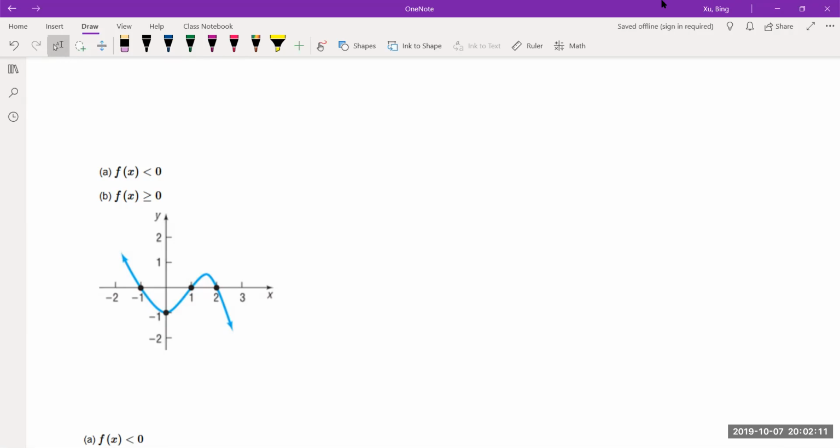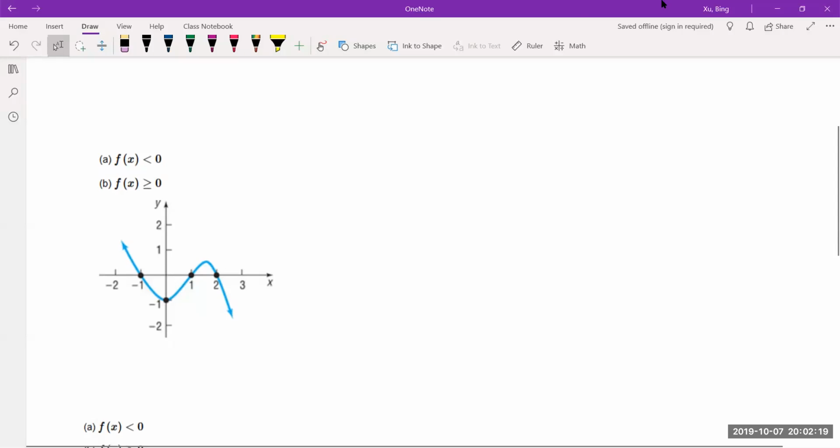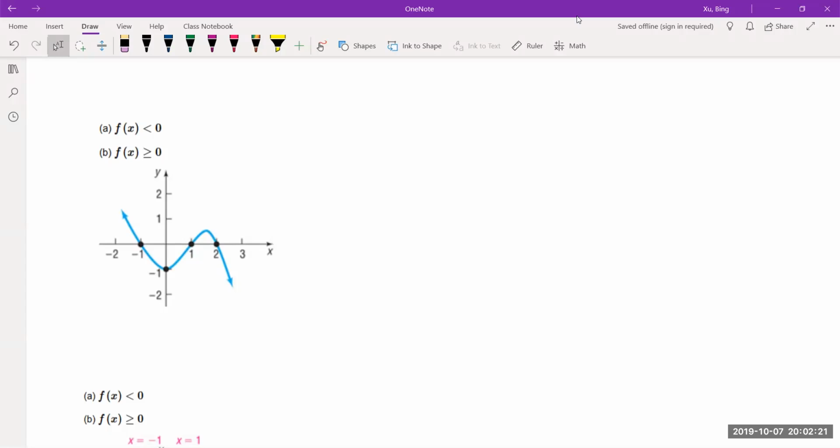Okay, so we're given a function f of x and the graph. We want to find out when f of x will be less than 0. So we want to find all the possible x values that make f of x less than 0. If you look at the graph, y is just f of x.